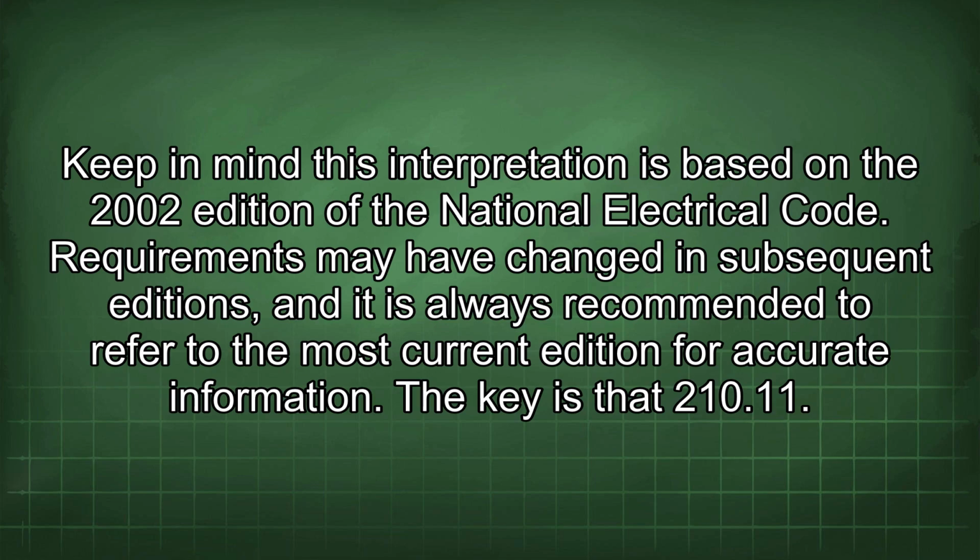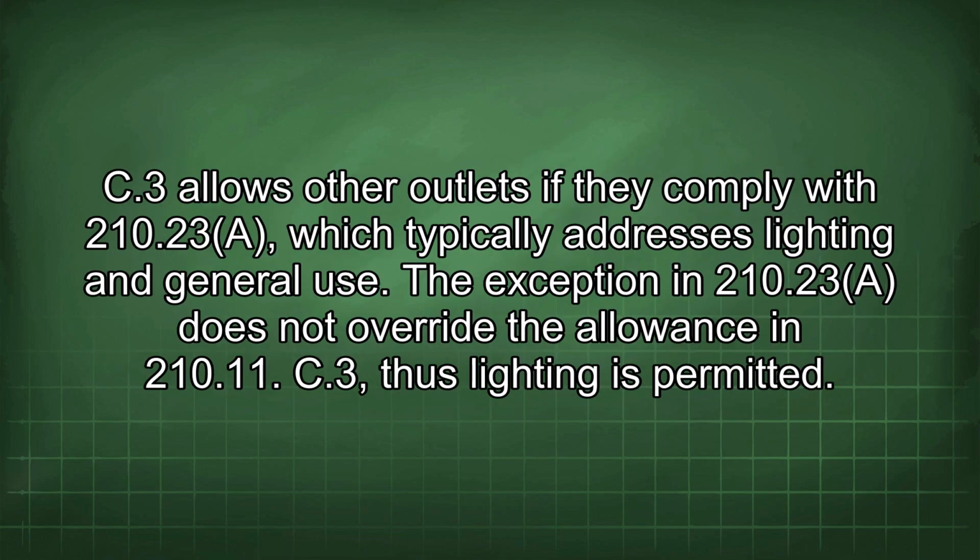The key is that 210.11(C)(3) allows other outlets if they comply with 210.23(A), which typically addresses lighting and general use. The exception in 210.23(A) does not override the allowance in 210.11(C)(3), thus lighting is permitted.